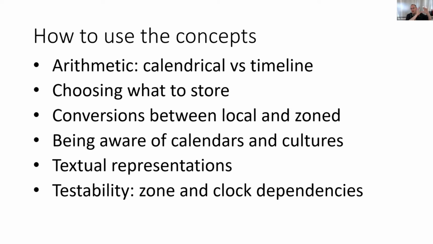If it's just a timestamp or something like the duration for a deadline for an RPC, that is going to be in machine time. So work out which concept and which timeline applies for every concept in your system.